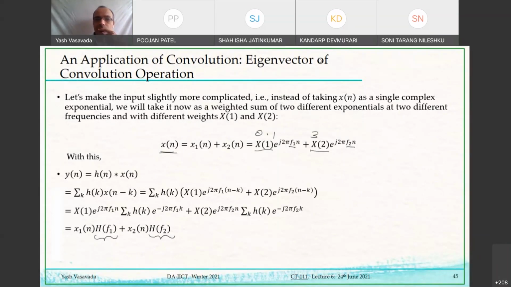Let me ask somebody who has been a little quiet. Ruchir Darji, do you understand this, Ruchir?